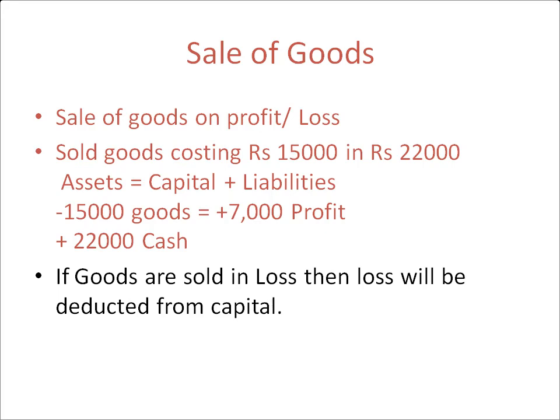That means rupees 22,000 is increased in cash, but the difference between cost and selling price, that is a profit of rupees 7,000, is made, which will be taken over by the owner, that is the business owner. So the capital will be increased by rupees 7,000.